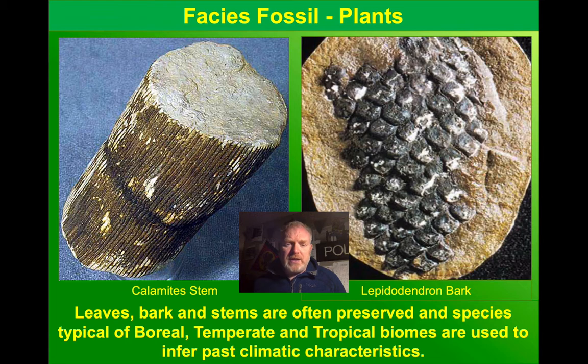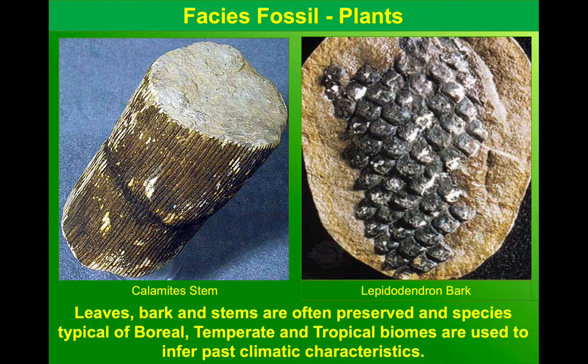If we go further back in time, the type of plants we find, for example, in coal deposits, give us indications of, for example, tropical rainforest type environments that used to exist here in South Wales in the late Carboniferous. And it's part of our interpretation of Britain being around about the equator during that period of time.